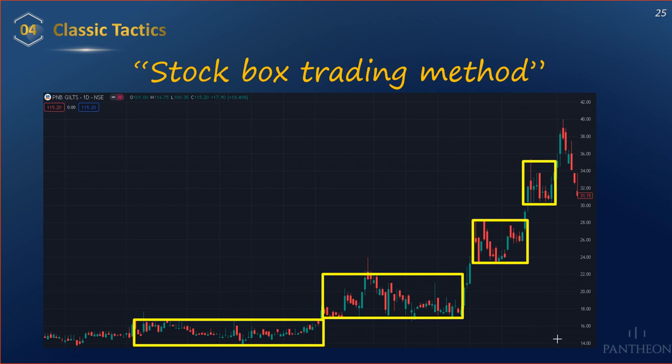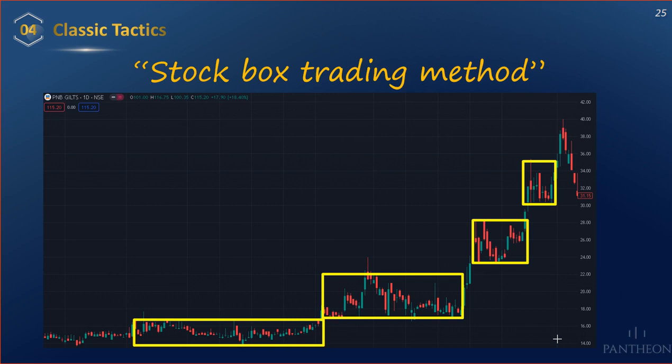As shown in the diagram, we can clearly see that many stock prices continuously form box patterns during their movement. Okay, you can see from this graph, there's one box here, and so on and so forth. Total of 4 boxes.